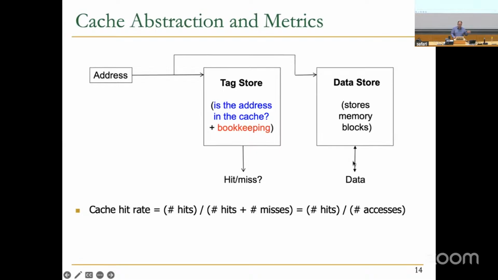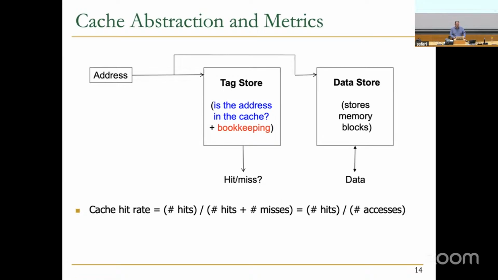There are also ways, which we're going to learn later, to access the data store only when we have a hit. But normally you can think of this abstraction layer as accessing both. If it is a hit, you have valid data out of your data store. But if it is a miss, then you should not use the data that you are reading from your data store.